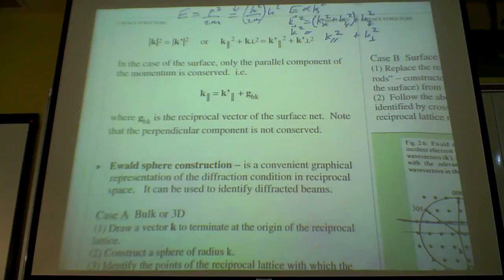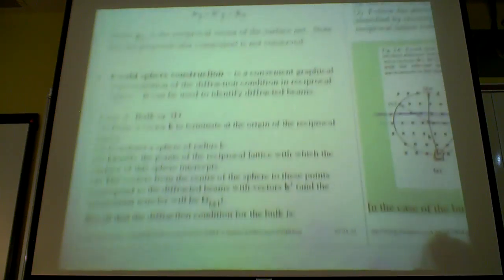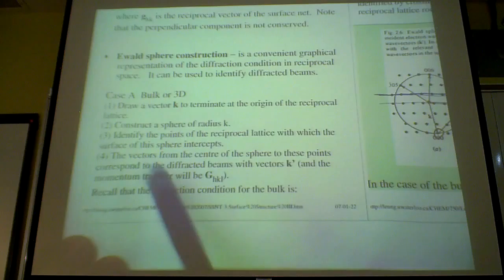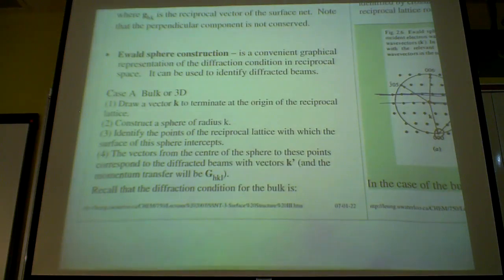Okay, so how do you generate your diffracted beam? It's very easy. There's something called the Ewald construction, the Ewald sphere construction. I'll just show you this briefly in case you come across it in future. Most people don't do that, but in case you talk to physicists, you can generate, if you like, where you expect to see the diffracted beam.